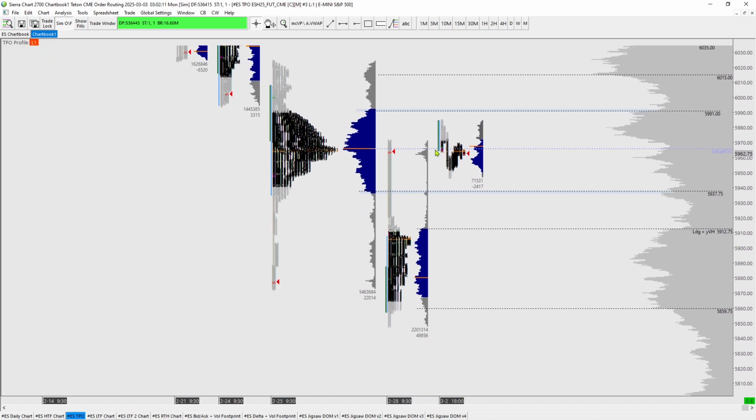My idea is, okay, if we get to 37, I want to be a buyer. If we get under 37, I am going to be slightly worried. But as long as we hold 12, we're fine.